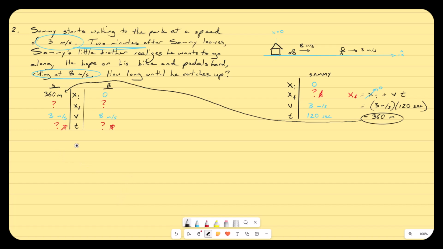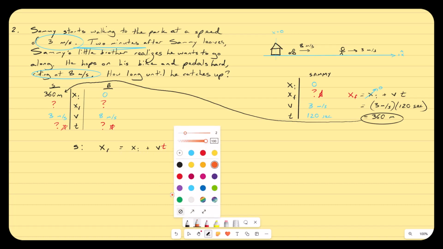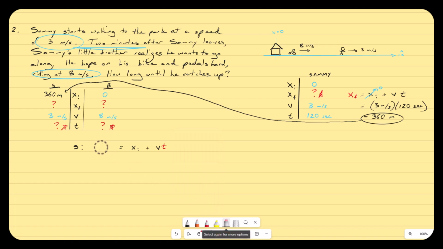Now I can set up. For Sammy, X final, which I don't know, I'll leave it for a second. X final is X initial plus vt. I don't know the time, but that's the one I'm looking for. I don't know X final, but X final is in the end not the last variable that I want, so slightly different color.